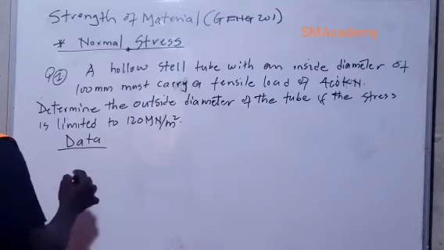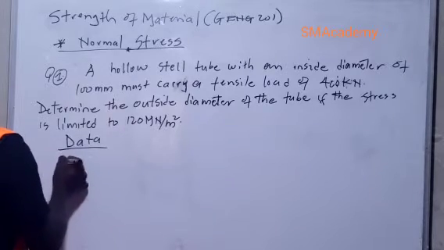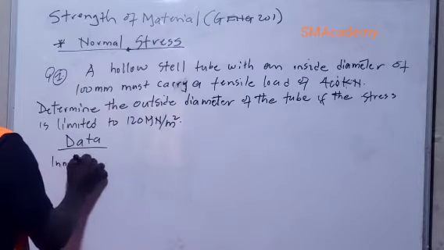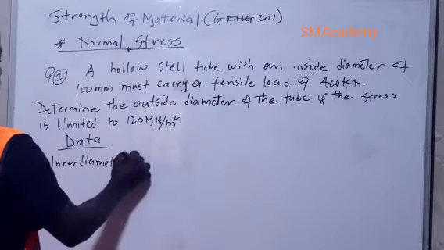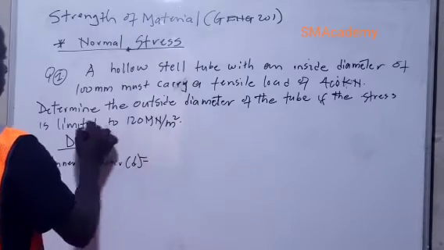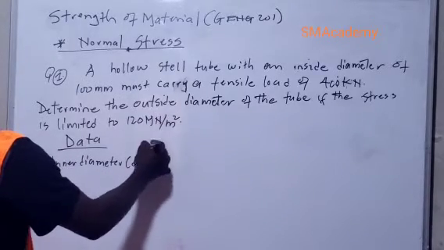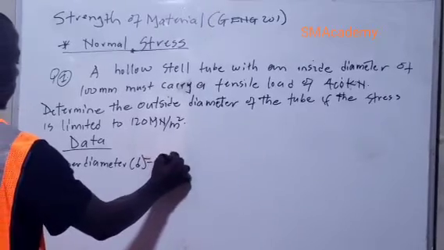We'll say that the inside diameter, or the inner diameter, represents small d. Inside diameter is equal to 100 mm.